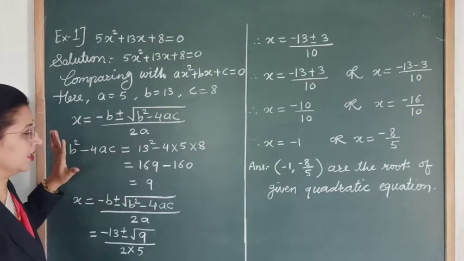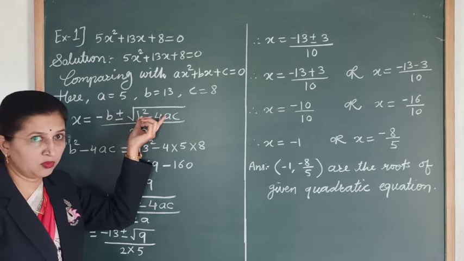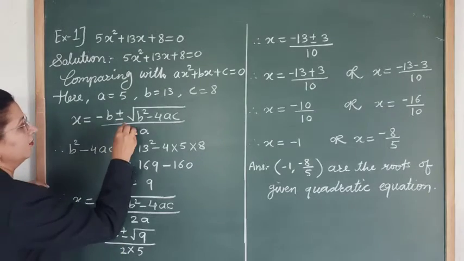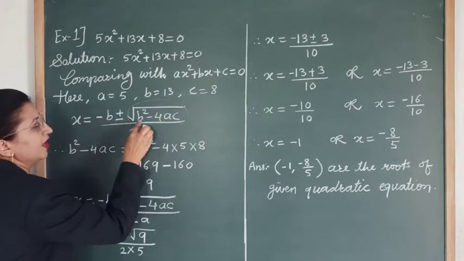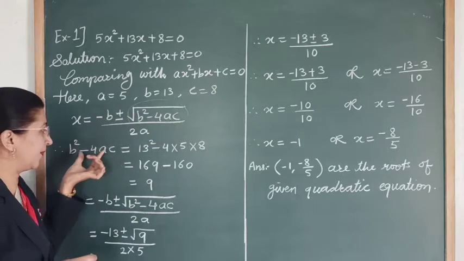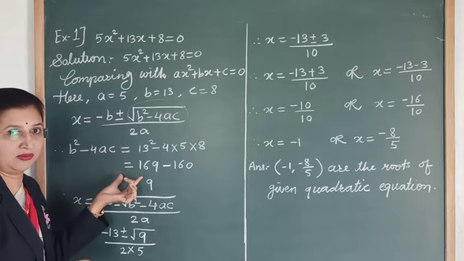Now dear students, you may put the values directly in this formula, or it's better to find out the value of b square minus 4ac separately, so it will be easy for us to do the calculation.